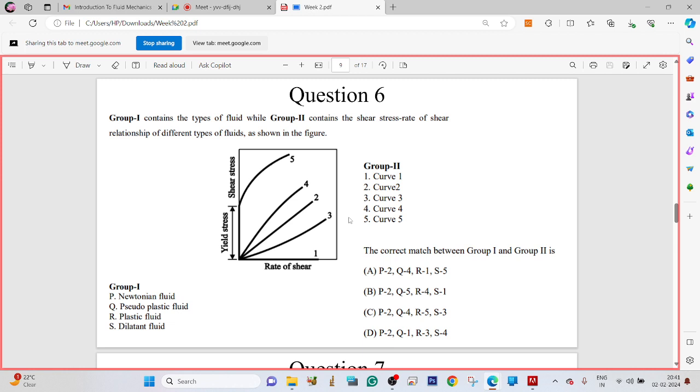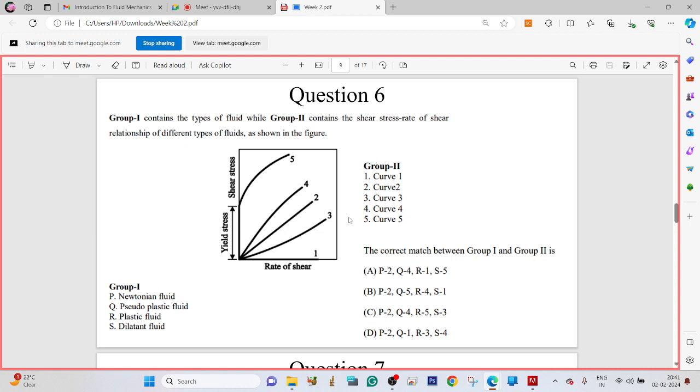That means P is 2. Pseudoplastic means Q. Q is which one? Q is 4. That means Q4. And now R is plastic fluid. Which one is the plastic fluid? Tell me that. S is 3. So 5 is the plastic fluid, right? So for plastic fluid, it will be number 5.